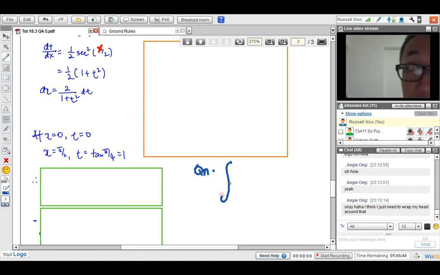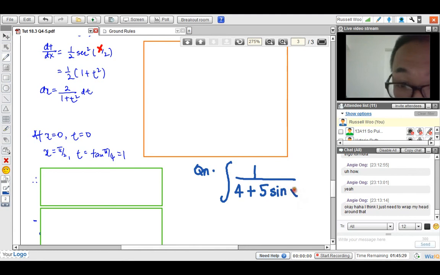The question was to integrate 1 over 4 plus 5 sine x dx, with limits 0 to pi over 2.